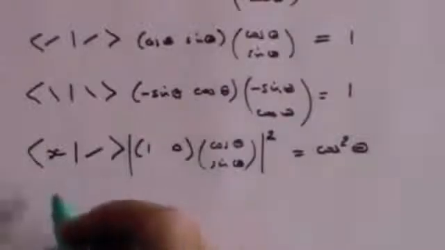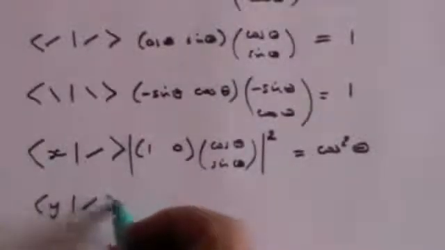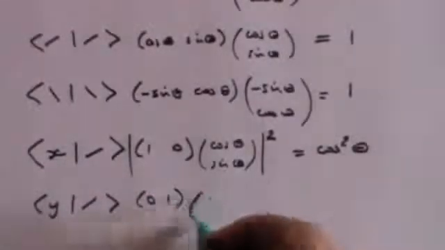And let's just do the final version for completeness. This inner product says if you prepare it in the theta state, will it go through the y or vertical polarizer? And if you want the probability, you've got essentially to take the square of that. So the y is 0, 1, and the theta polarizer is cosine theta, sine theta, and we've got to square that if we want the probability.